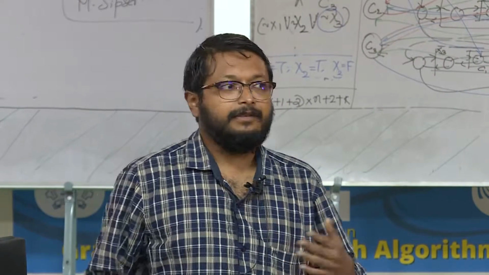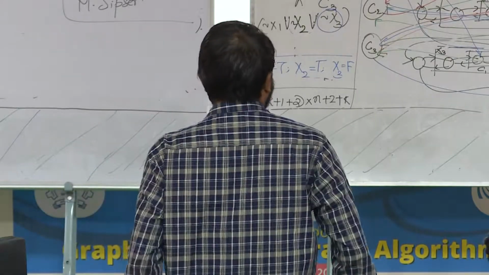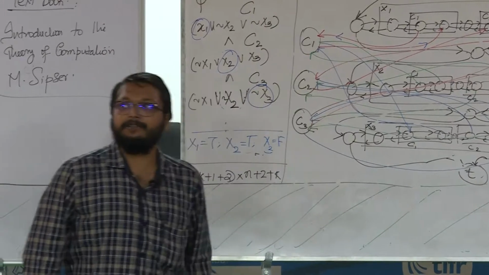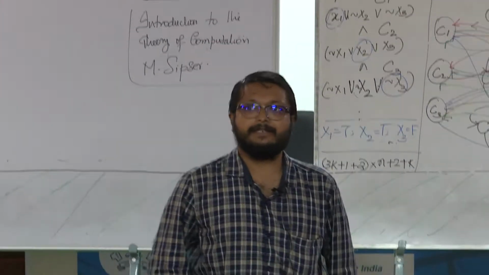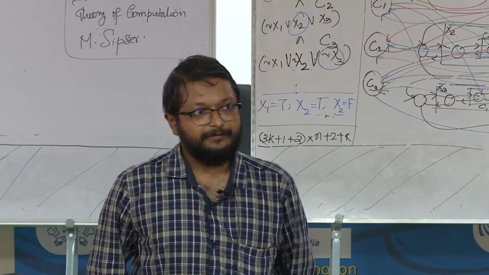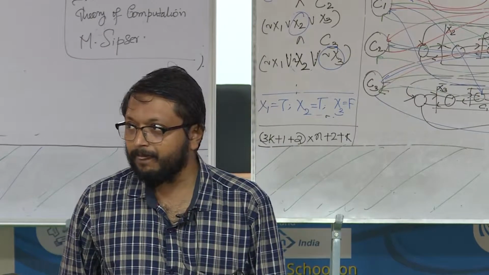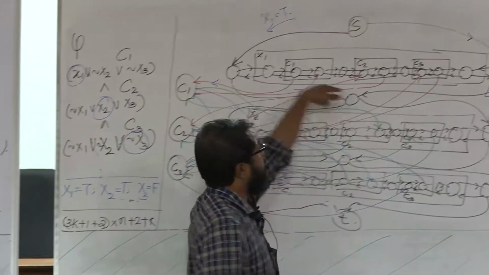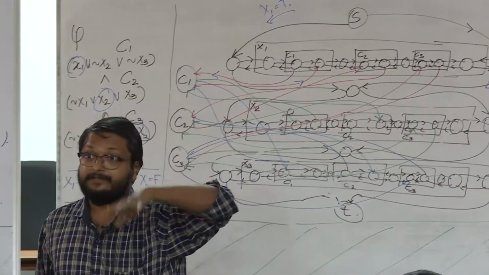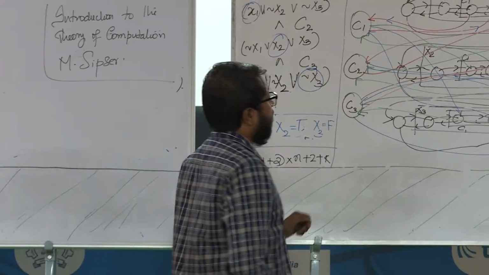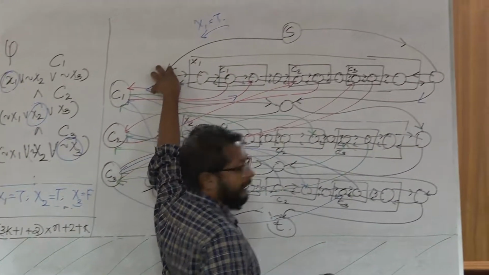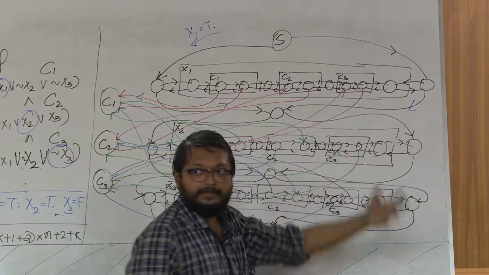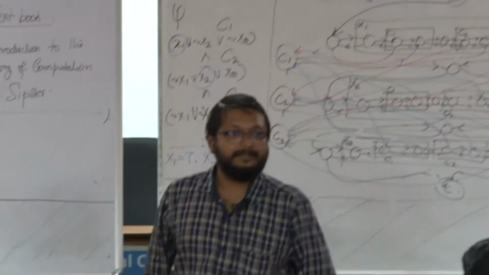Okay. So, can you complete this argument? How can you argue that if this graph has a Hamiltonian path, I will also get a corresponding truth assignment? First of all, suppose this graph has a good Hamiltonian path of the kind which we are looking for. That means you enter from the left or right, move on. Will you always get a truth assignment?